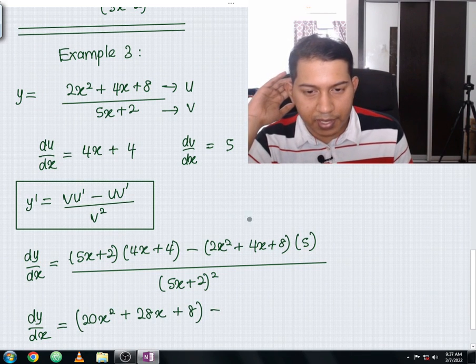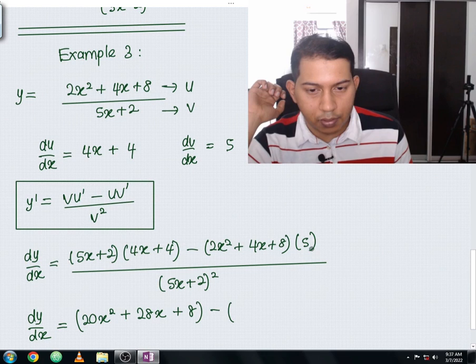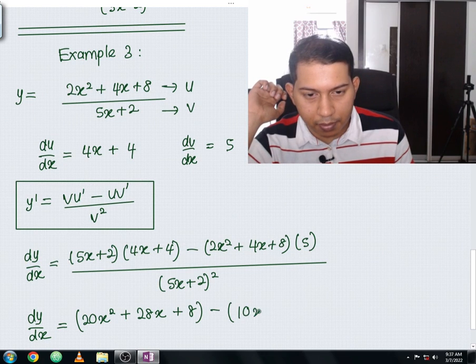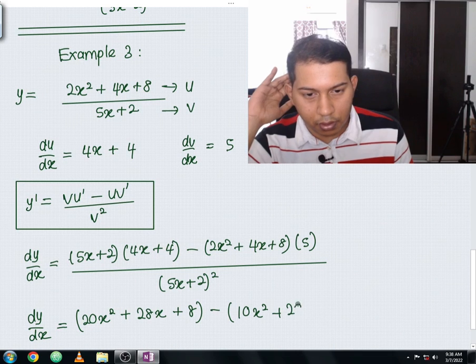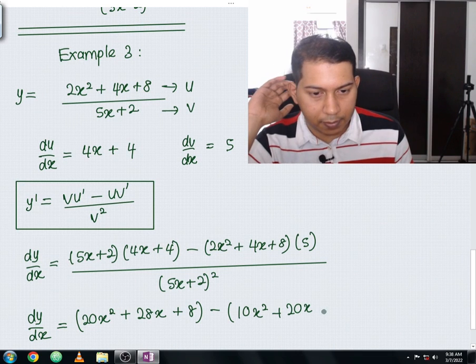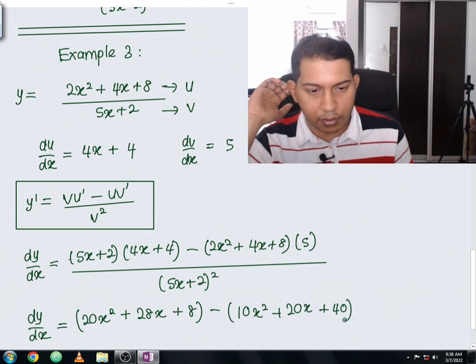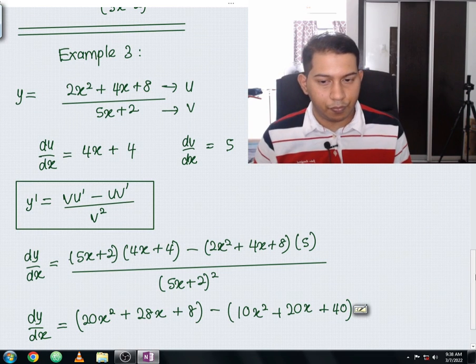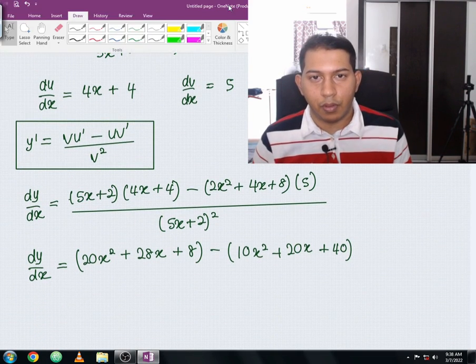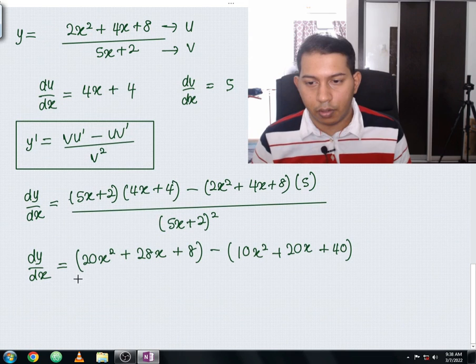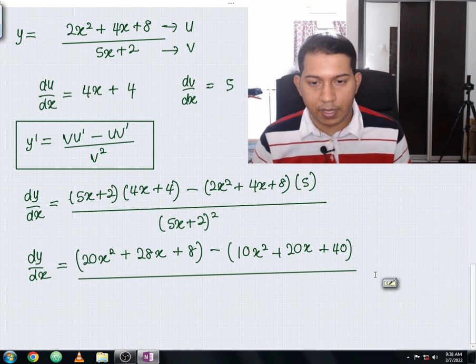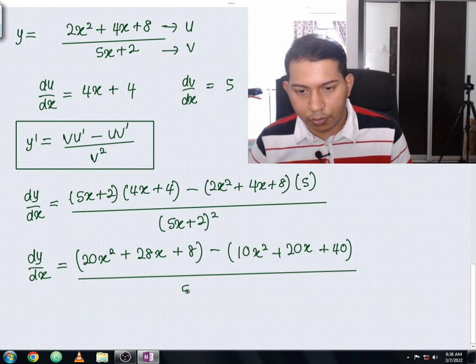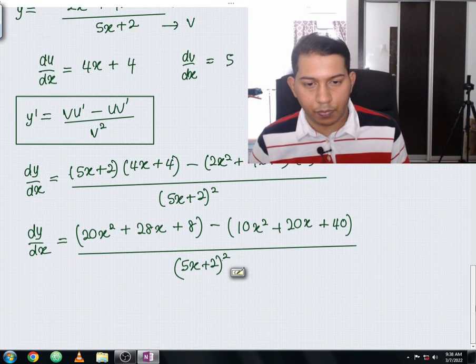Minus, let us perform this expansion. From here we get 10x squared plus 20x plus 40, and then you divide with (5x plus 2) squared.